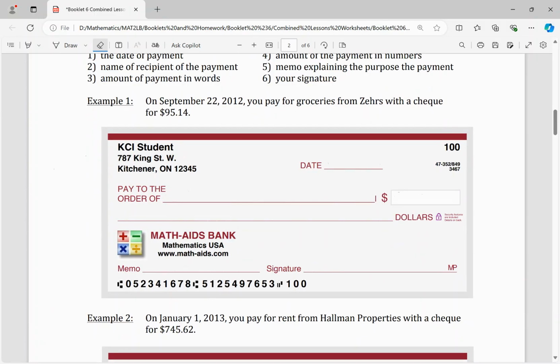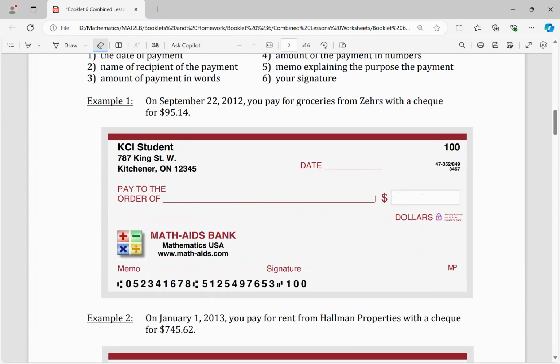When you want to pay somebody or an institution a large amount of money, usually you use a check. Some common examples would be if you need to pay rent to your landlord. Say your rent is $800 a month, you would probably give them a check for $800 if you're not e-transferring them.